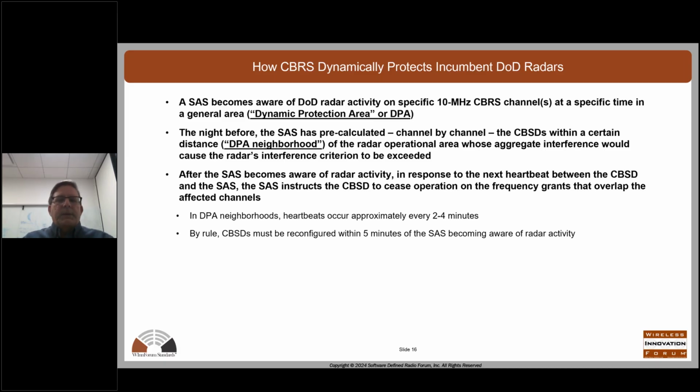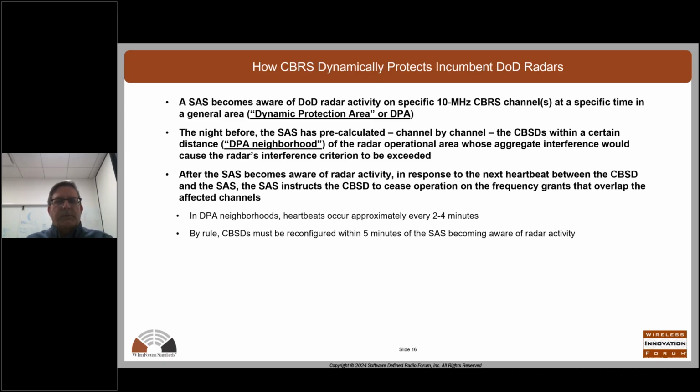And the night before each day, the spectrum access systems, which manage the CBRS devices operating in the CBRS band, have pre-calculated on a channel-by-channel basis that if a radar becomes active on a particular frequency in a particular DPA, dynamic protection area, which CBRS devices have to be reconfigured, either turned off or moved to a different channel, to avoid interference with that radar.